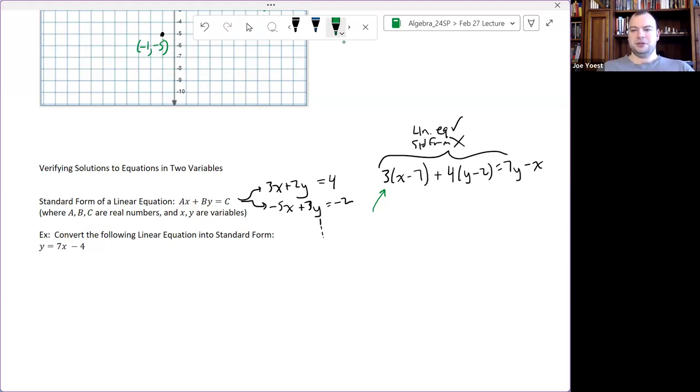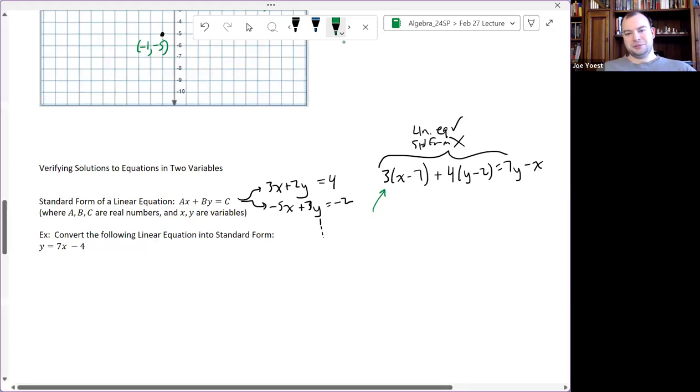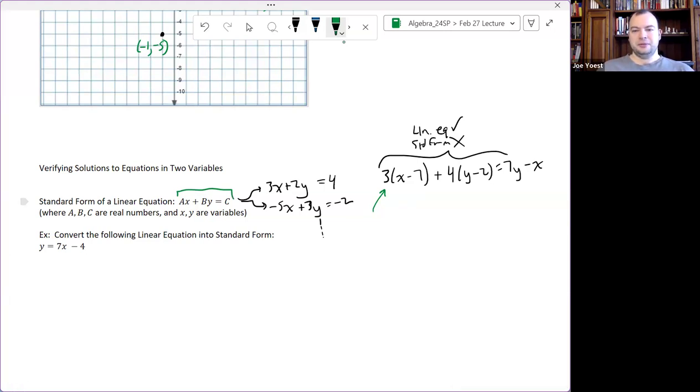I can move the constant term to the right by adding or subtracting. I could move the x and y terms on the right side over to the left, again, by adding or subtracting, combine like terms, and I would have something that's in the standard form. So I can get any linear equation into this standard form, ax plus by equals c, and sometimes I want to do that.